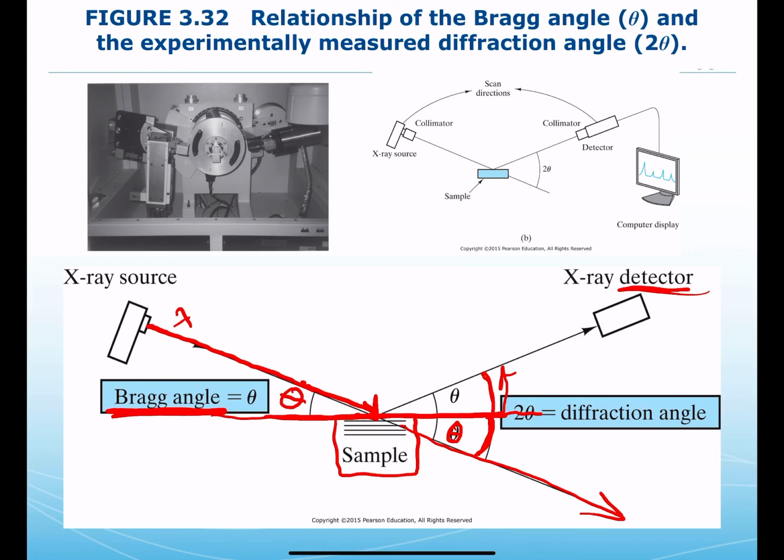Okay, and so for historical reasons, the graphing that results, the data that results from X-ray diffraction, is actually defined as an x-axis that is the 2 theta. So it's the angle between the incident beam path swept all the way through to where the detector is.